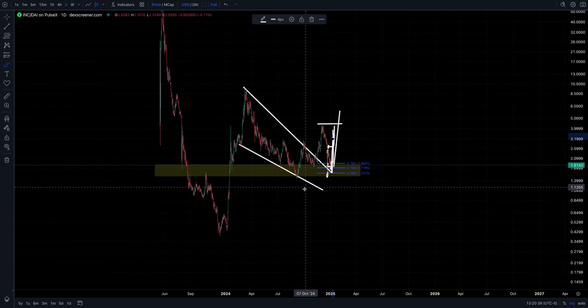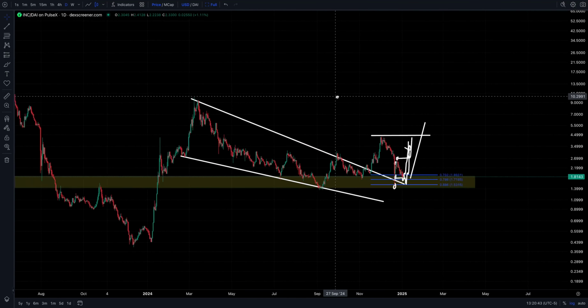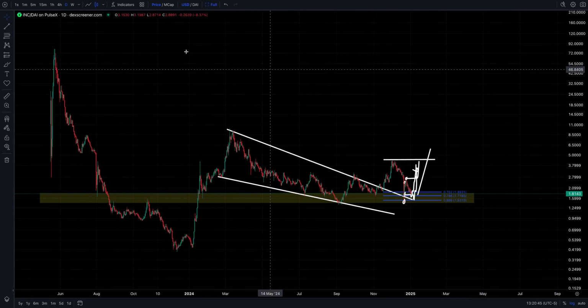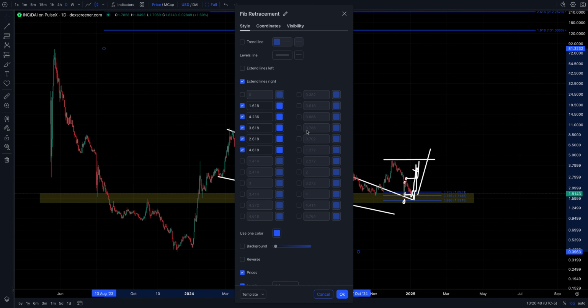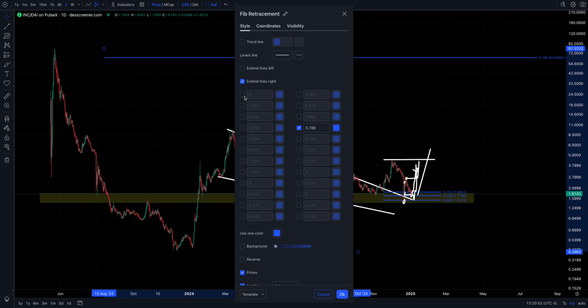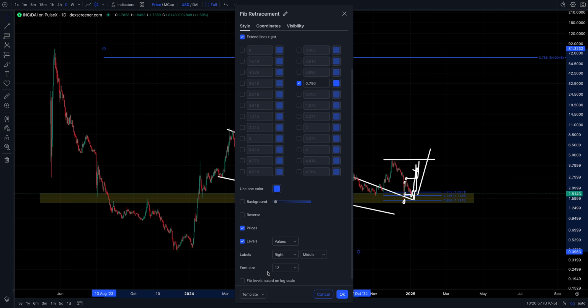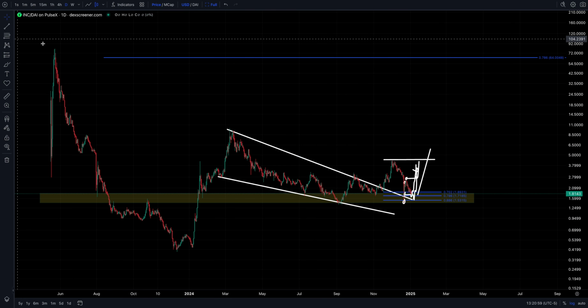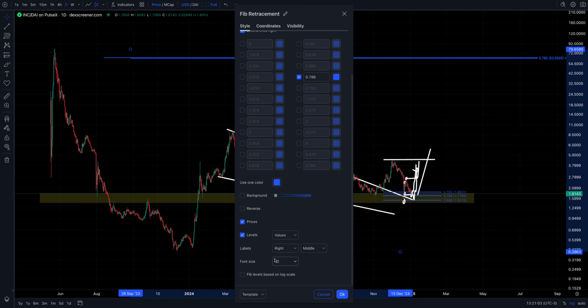Okay, now for the targets, we would be taking a look at the 786 right here at 64, and we can also take a look at the 786 on the logarithmic scale as well.